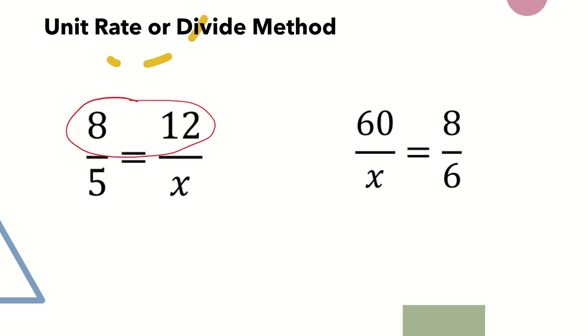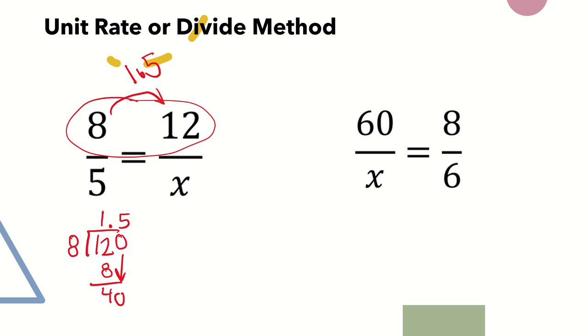So in this case, I can go 12 divided by 8. That goes in there one time. That's 8. 4. Put my decimal in, 0, 5. So we know that 8 times 1.5 would give me 12. Again, same thing.